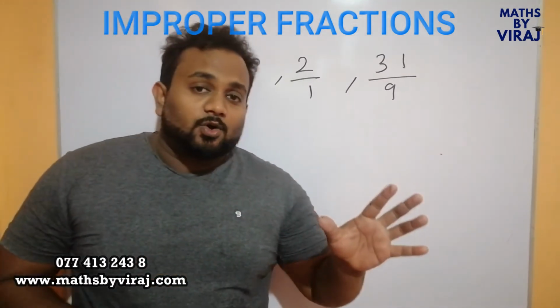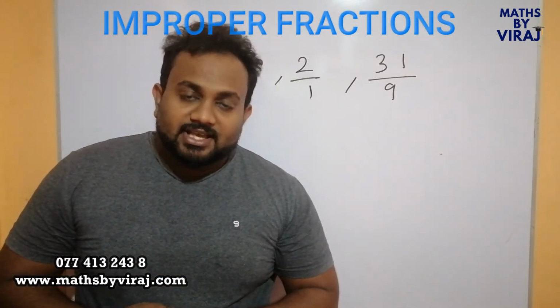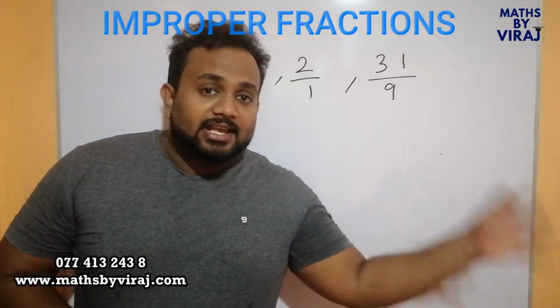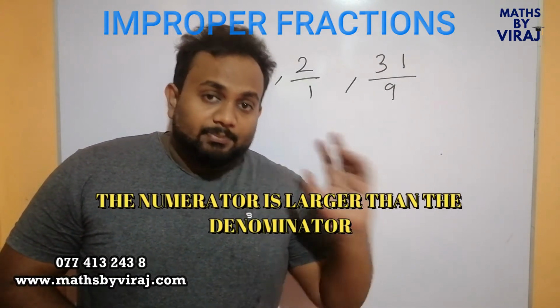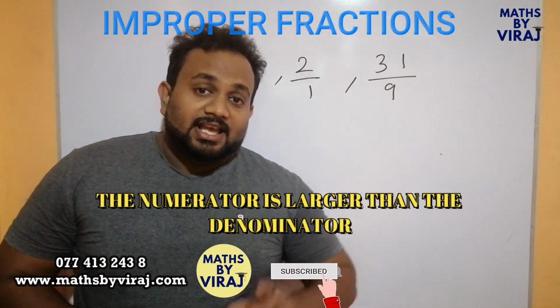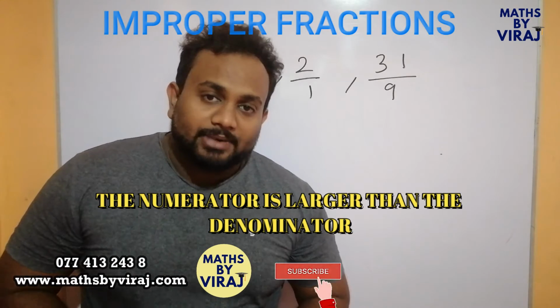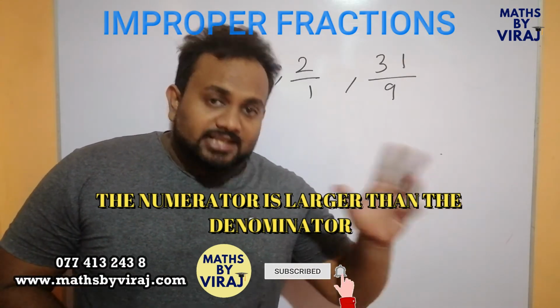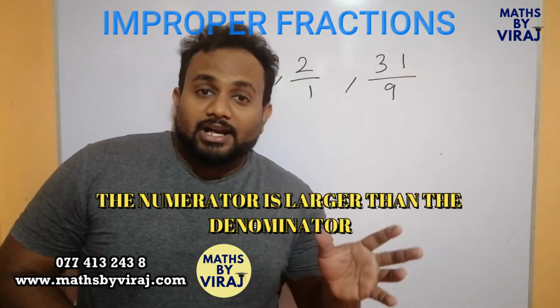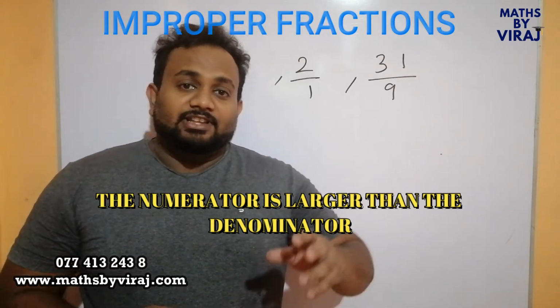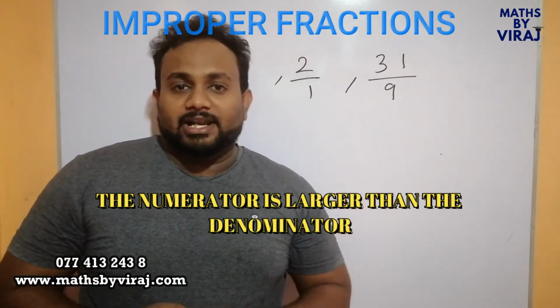So these are called improper fractions. In improper fractions, unlike in proper fractions, the numerator is larger than the denominator. Numerator larger than the denominator, we call it improper fractions, and when the numerator is smaller than the denominator, we call them proper fractions.